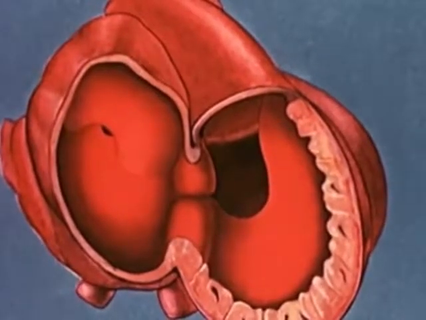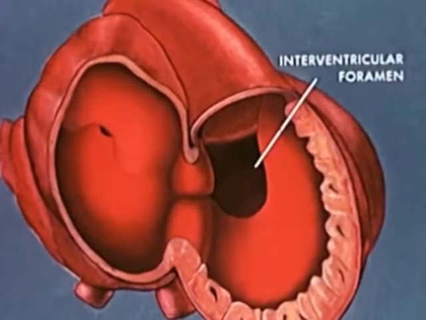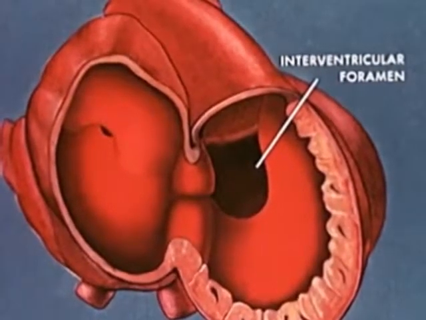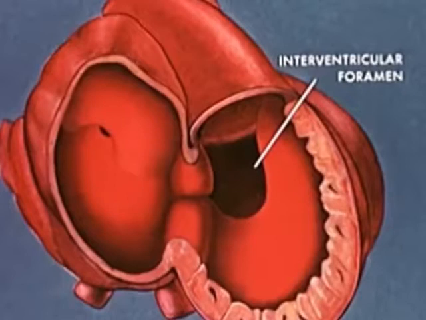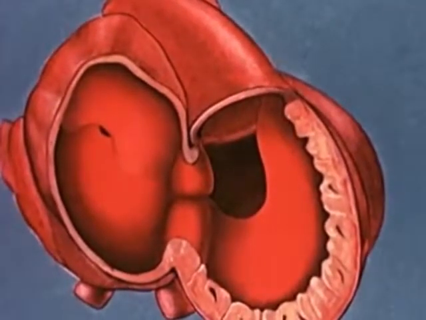An opening persists between the ventricular cavities. Closure of this interventricular foramen awaits the elaboration of a complex spiral septum, which splits the truncus arteriosus and conus region into the aorta and pulmonary artery.